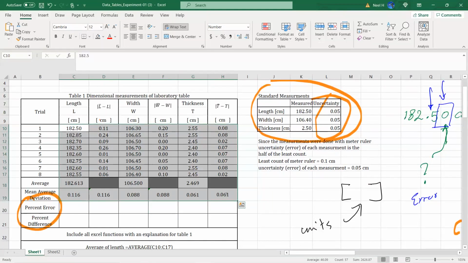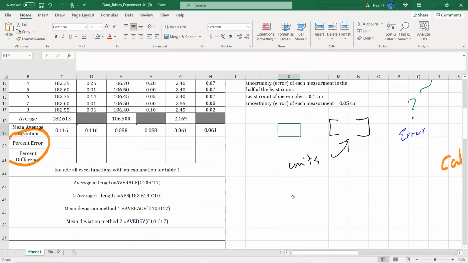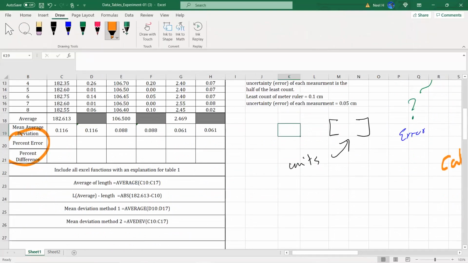This kind is important because most of the experiments we will be calculating something like a known quantity to test out our theory and principle. Because of that, after I calculate something known, I need to make sure my answer is accurate enough. So that can be easily done by using the percentage error.